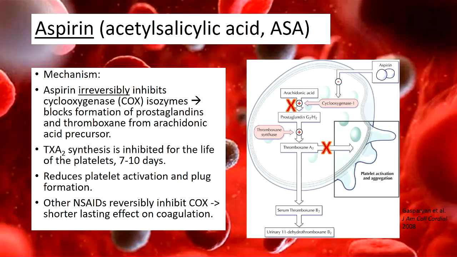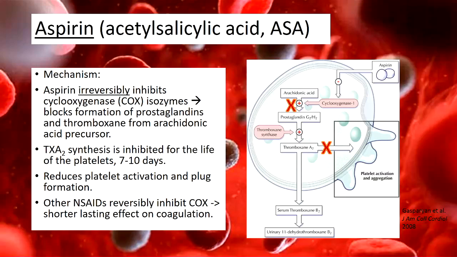But just even at normal doses, it lasts longer. That's why you got to get new platelets to have that effect go away, because it's going to affect those platelets for the lifespan. That's the implication of it being irreversible versus a reversible one would be more temporary, wouldn't last the life of the platelets.